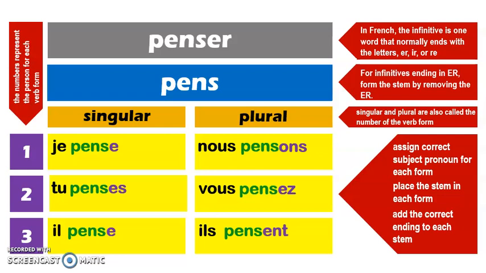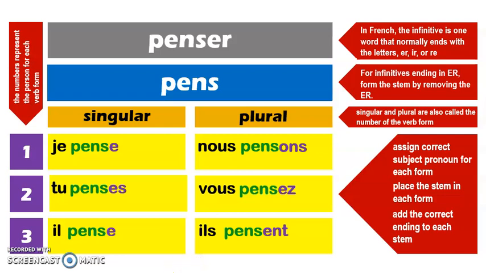So this will be pronounced ils pensent. They think. Je pense, tu penses, il pense, nous pensons, vous pensez, ils pensent. That is the conjugation of the verb penser in the present tense.